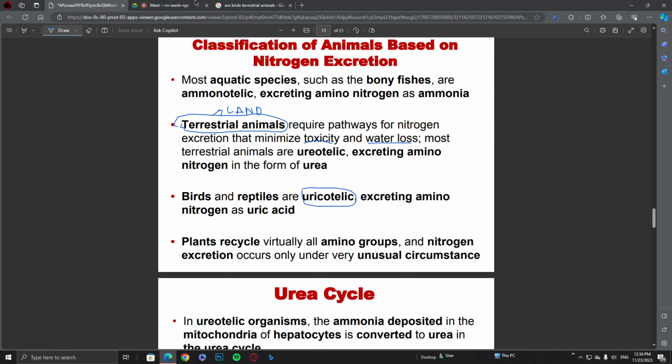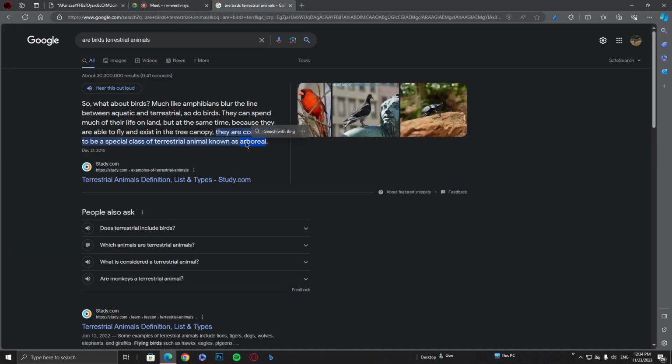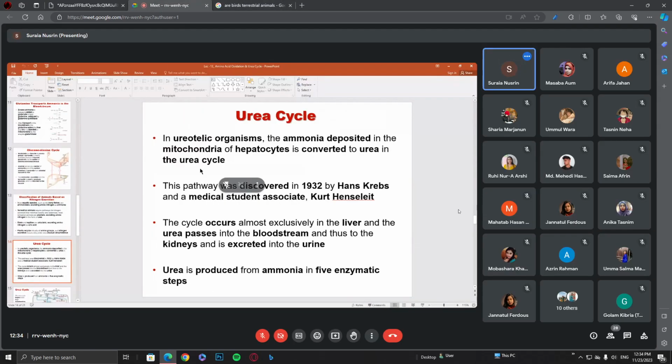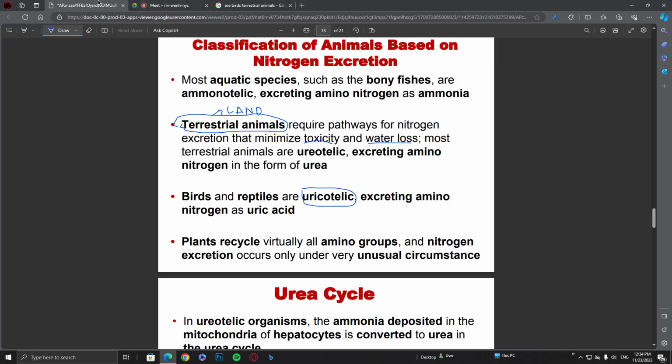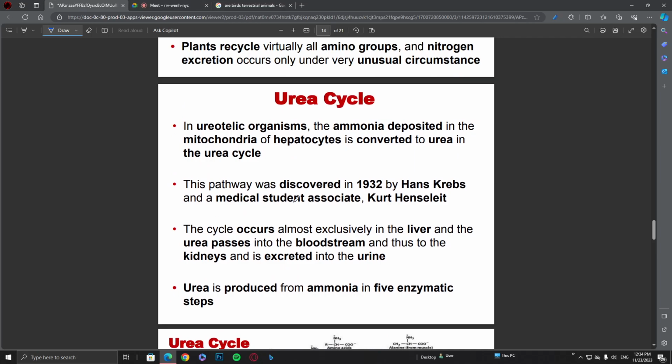Okay, so now we have to learn the catabolism of the amino group. In the case of mammals, because we belong to the terrestrial animals, the amino group is catabolized into urea. Ammonia is deposited in the mitochondria of hepatocytes.